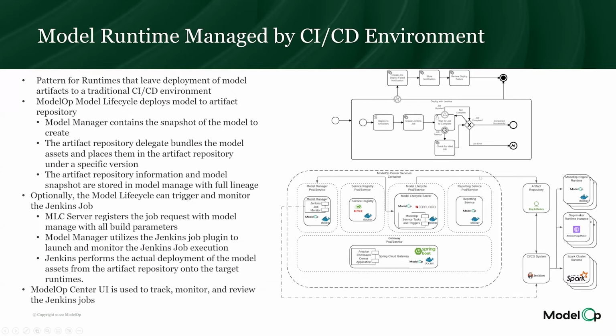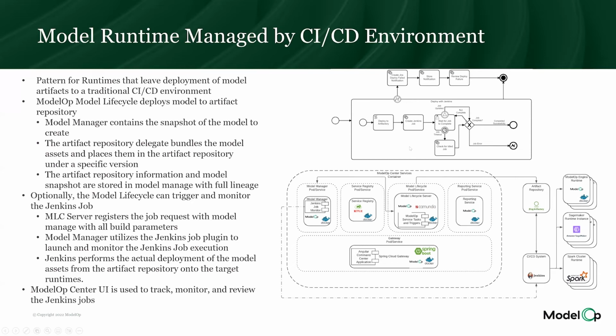We feel this is a great pattern for dealing with existing CI/CD pipelines, and what we will do is gather all that immutable information about the assets of the model, and do a deployment into an artifact repository by version ID, and we'll associate that deployment back with the existing model. So you'll be able to go to the model and see that this version at this time was deployed to the artifact repository, and you can find it here.